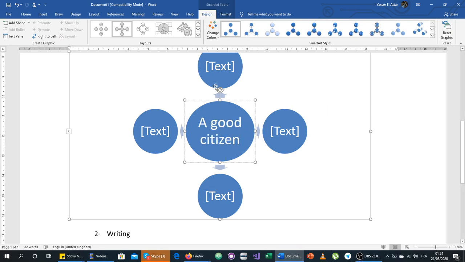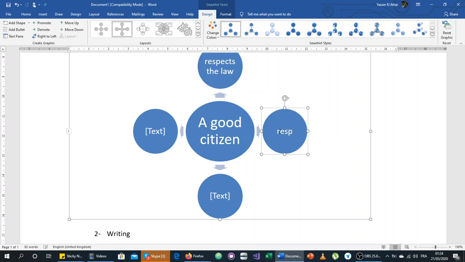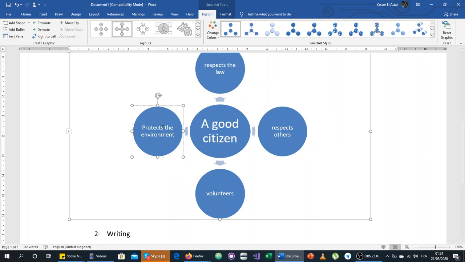Then you go to the details. What are the details of this good citizen? For example, respects the law, respects others, volunteers, protects the environment.